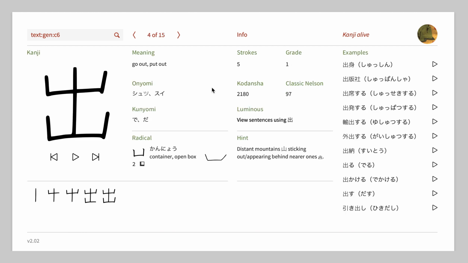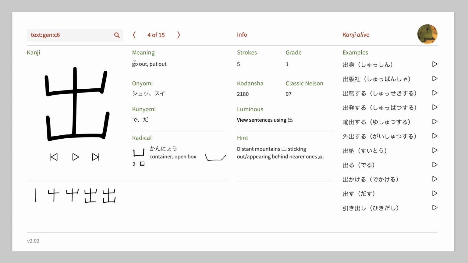The next kanji is a verb root. You'll notice it has several readings. It can be shutsu or shoot. They don't list it here, but it can be sui. When it is in the dictionary form of the verb, it could be the de of deru or the da of dasu.